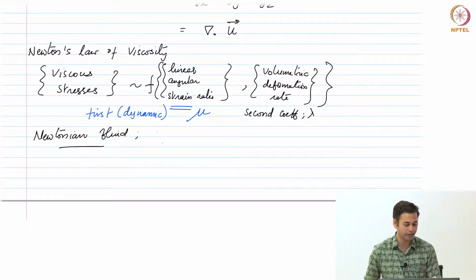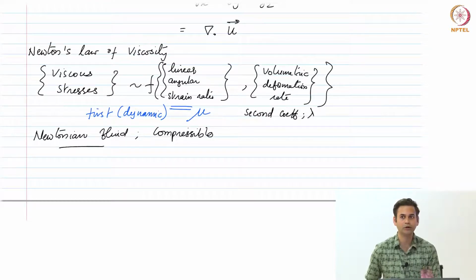We are still considering a compressible fluid, but a Newtonian fluid. Would that be possible? Or should a Newtonian fluid always be incompressible? Need not be, right. You can still have a compressible fluid and it could still be a Newtonian fluid, okay. So, we are still looking at a compressible flow with the fluid behaving as a Newtonian fluid. So, the viscous stresses are proportional to the linear deformation rates as well as the volumetric deformation rates, okay.